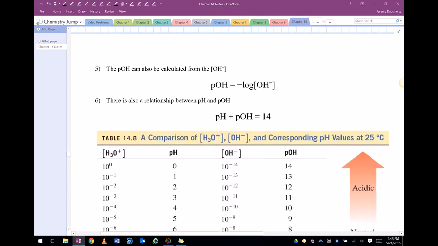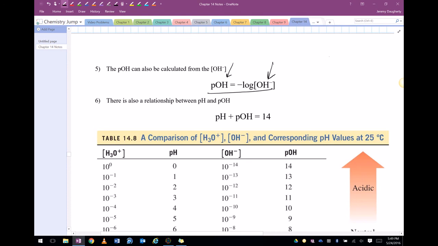We can also calculate the pOH by just taking the negative log of the hydroxide. Generally, p in front of something that you recognize means negative log of that something. For instance, there's something called pKa, and that's the negative log of the Ka. So back to this.